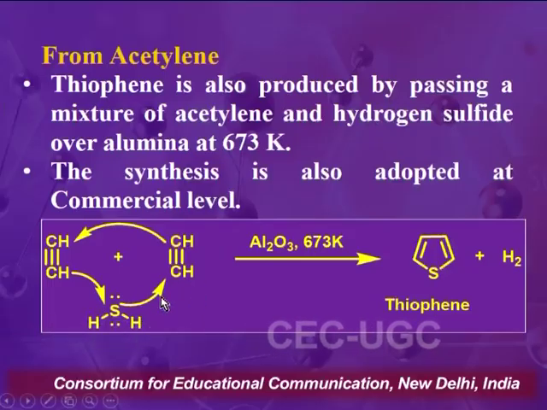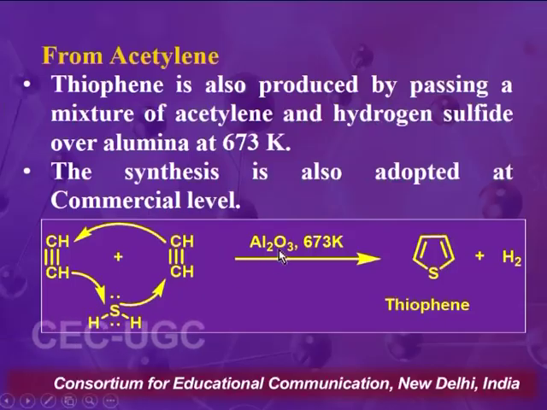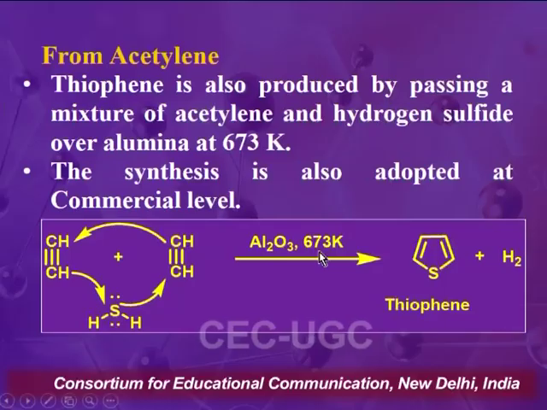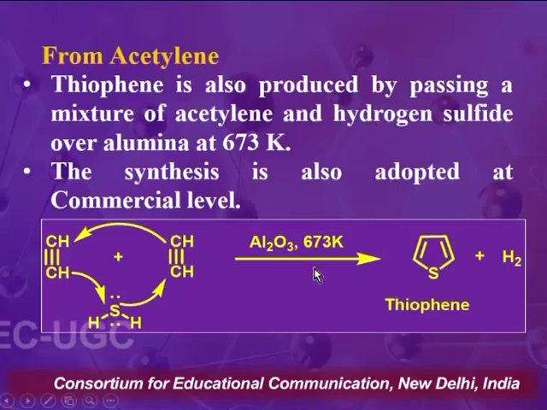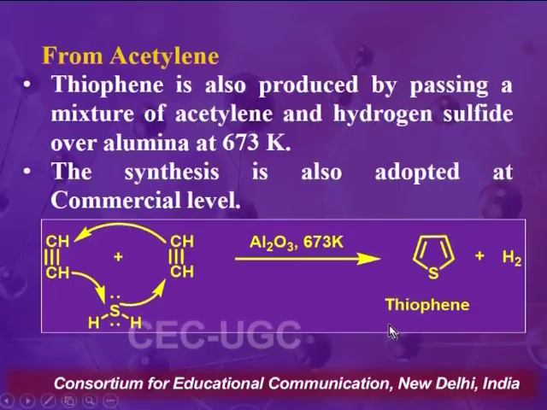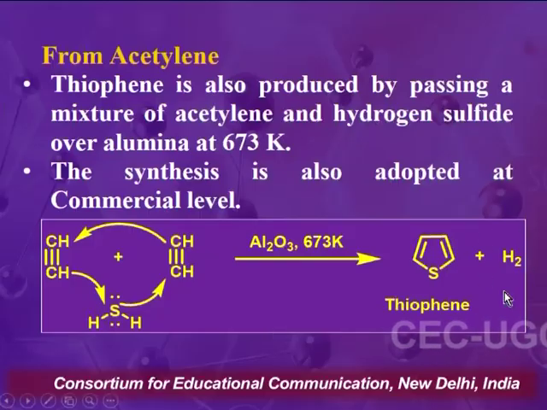So in this synthesis, two molecules of acetylene react with hydrogen sulfide in the presence of alumina at a very high temperature, above 600 Kelvin. So we will get thiophene as the final product with the elimination of hydrogen from the reaction mixture, and this hydrogen can be utilized for different purposes.